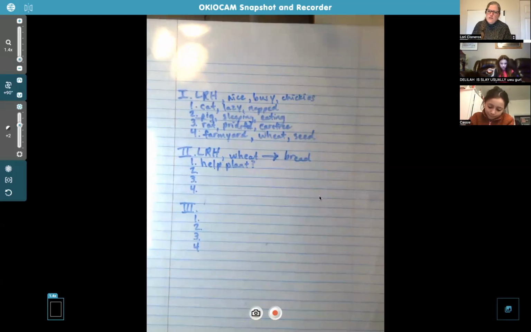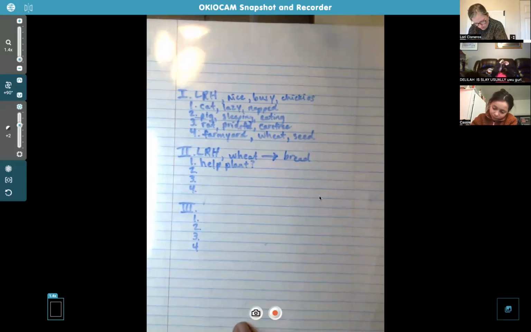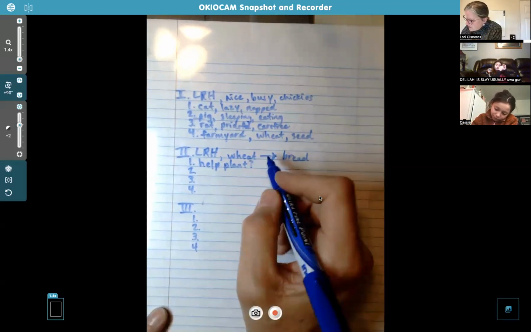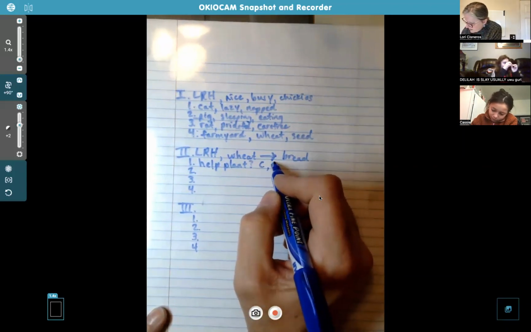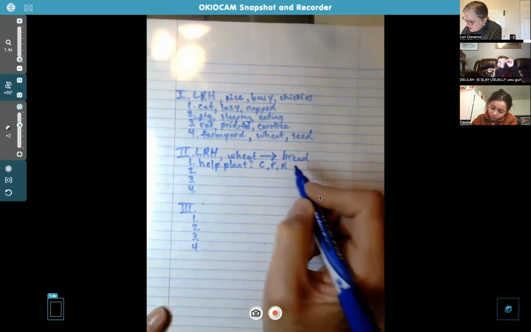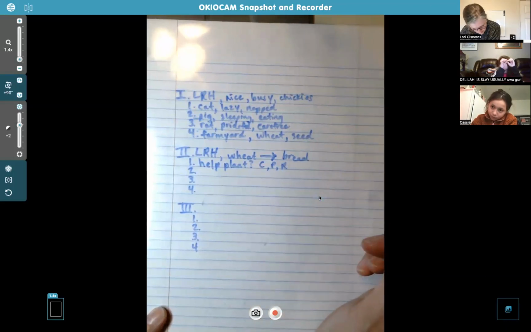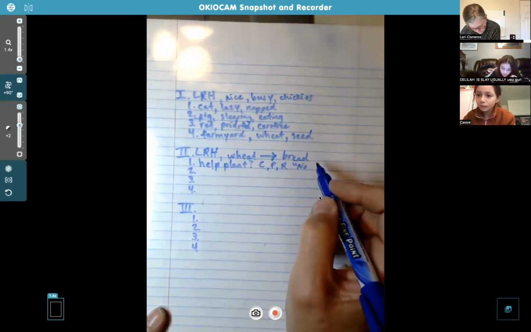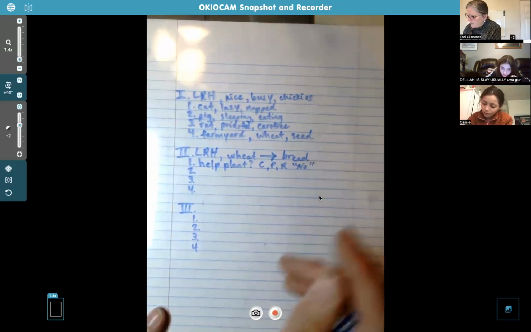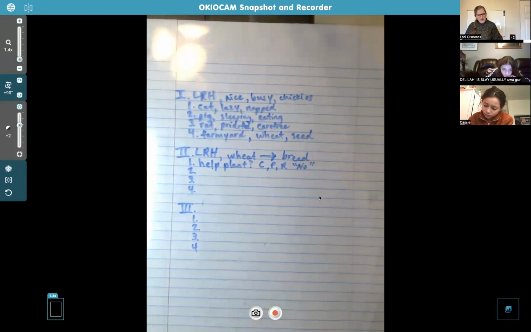And then here's where we're going to use some symbols, because remember, we can use symbols and numbers for free. We don't have to count those as words. So here's where I'm going to put C for the cat, and P for the pig, and R for the rat. And they all said no. They said not I, right?